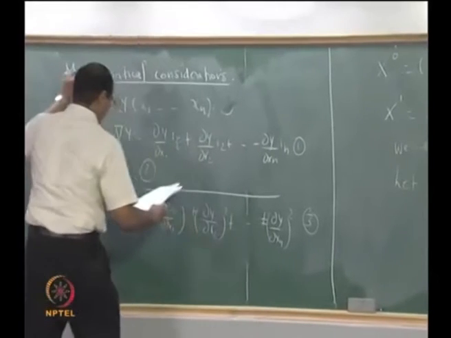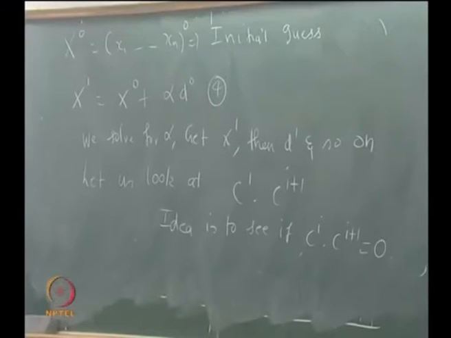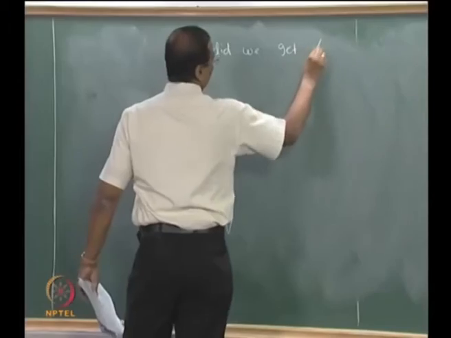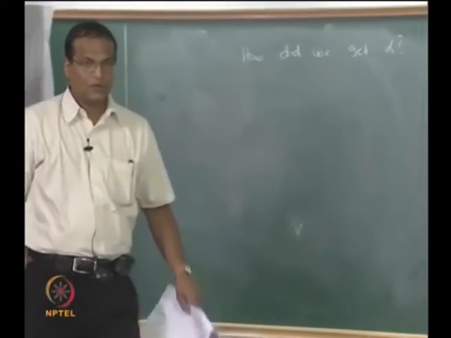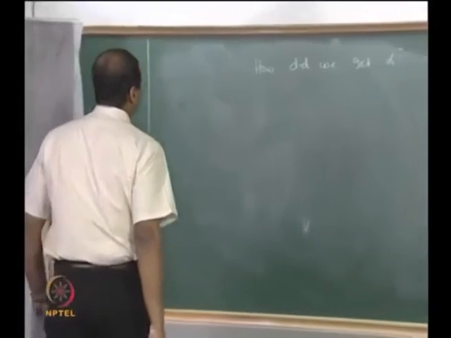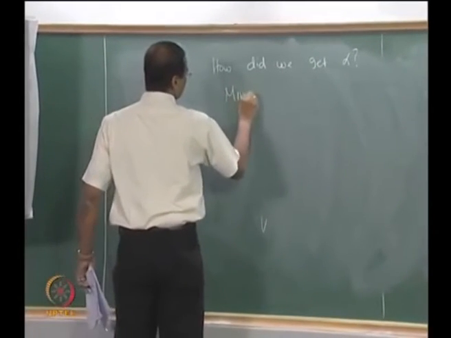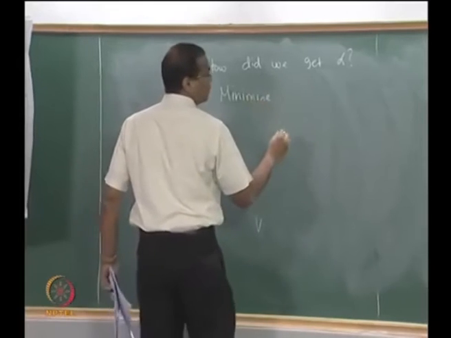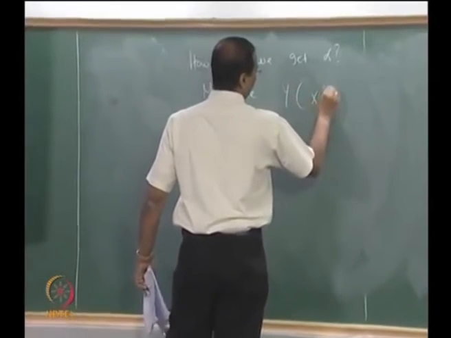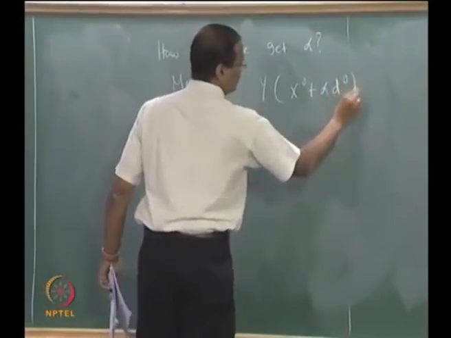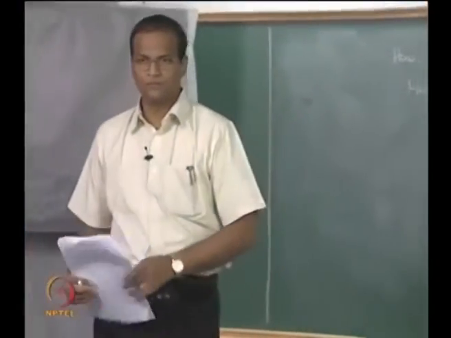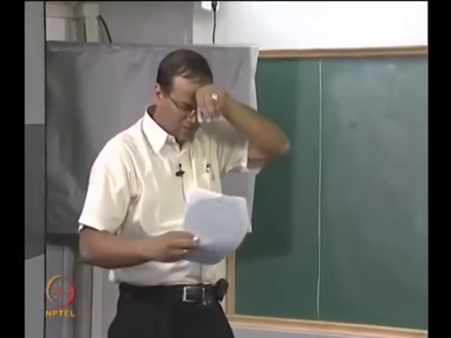How do you do that? So how did we get alpha? We minimized y with respect to alpha.